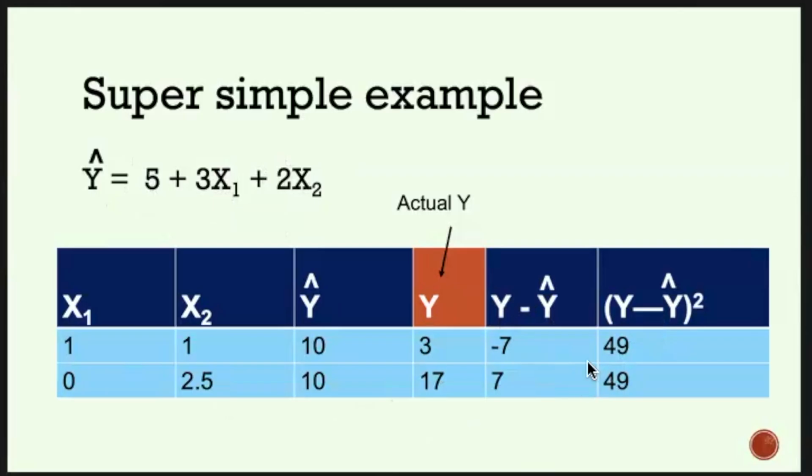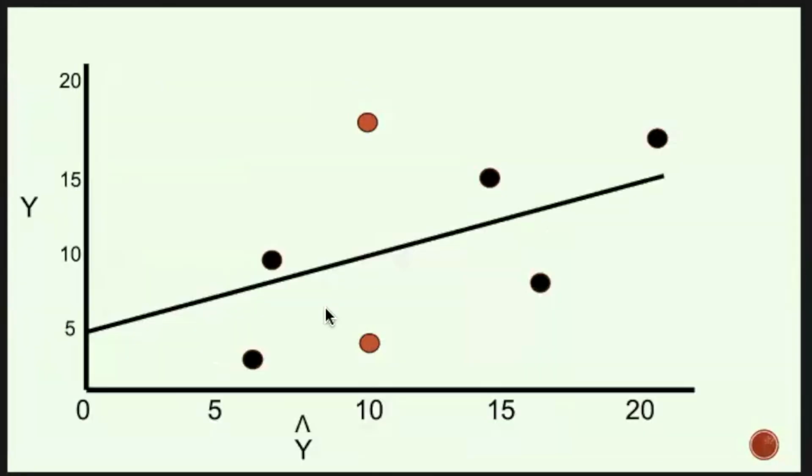Again, you square 7, and again it's 49. To throw it out there too, obviously you have a bunch more than 2 points, but if it's the actual correct least squares equation, your error in prediction, the y minus predicted y, is always going to add up to 0, which is why you have to square it.